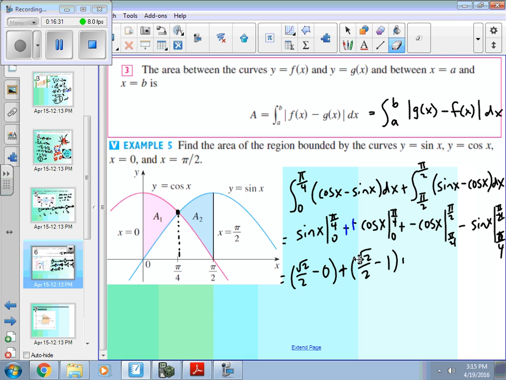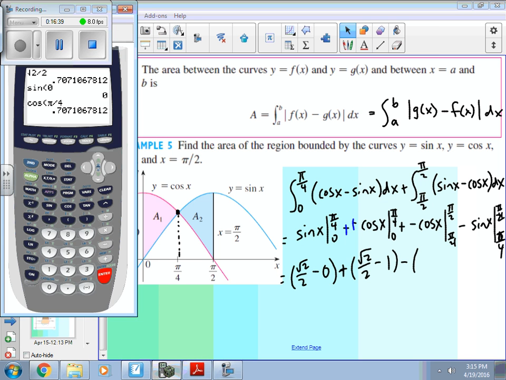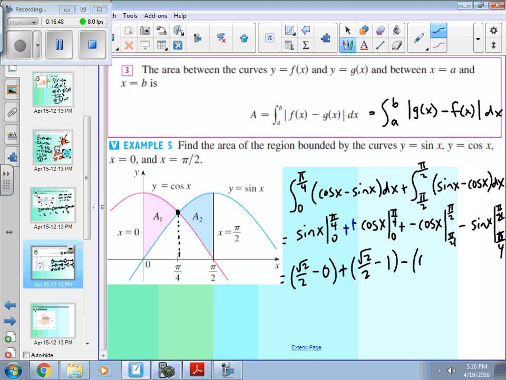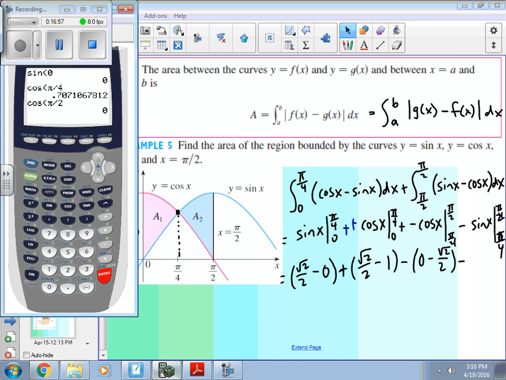This next one, we got plus a negative, so I'm just going to turn that into minus. And then we got cosine pi over 2, so let's plug that in. Cosine pi over 2, that's 0. So we got 0 minus, and we've already done pi over 4, that gives us square root of 2 over 2 minus. Now we do sine pi over 2.